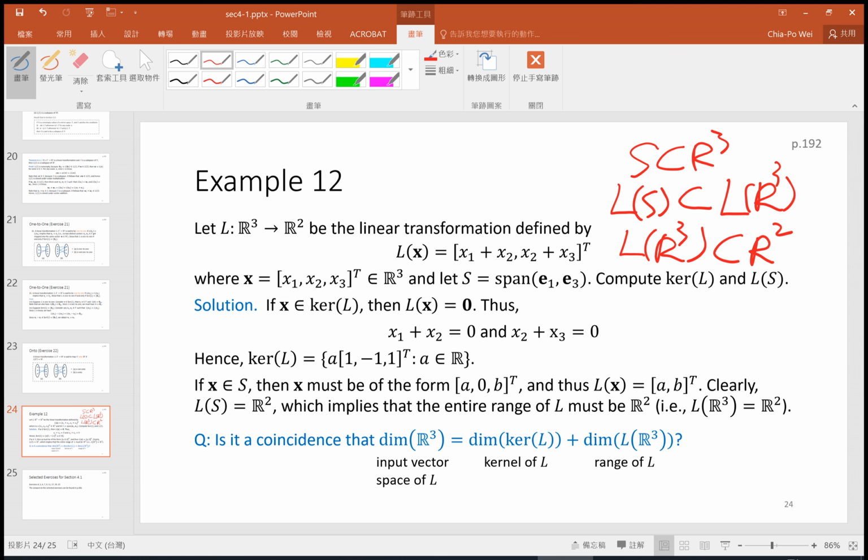We have shown L of S equals R2. Then from the last three conditions, we can conclude that L of R3 equals R2. Note that L is an onto function because the range of L equals R2.